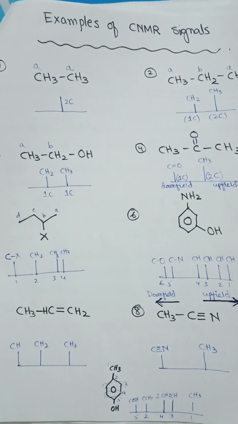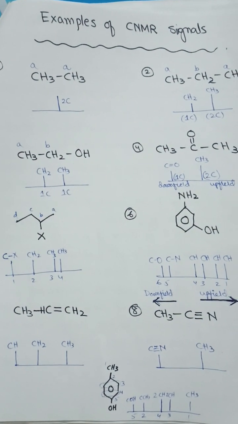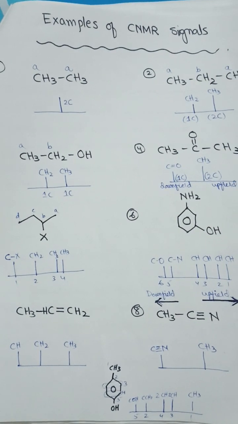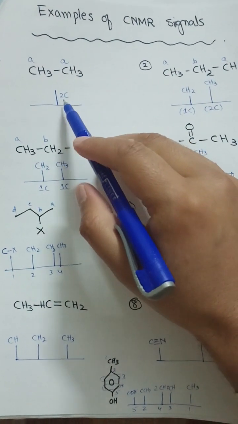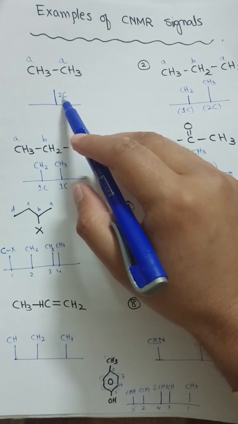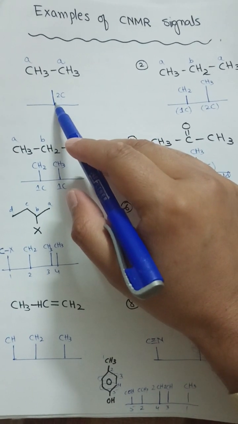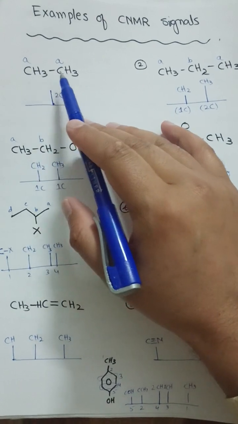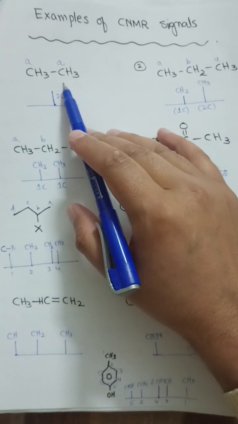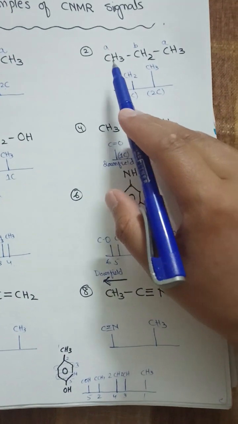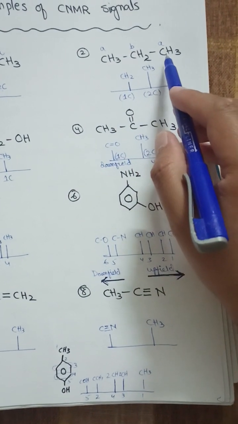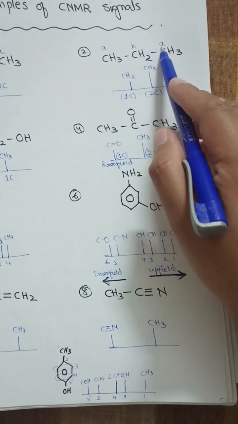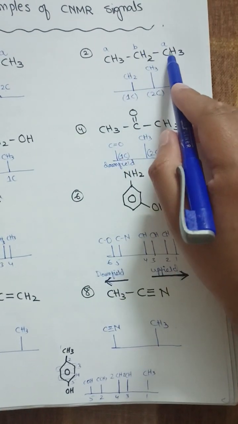So these are equivalent carbons, and we will get only one single peak for the two carbon atoms. The intensity is for two carbon atoms and the peak is only a single peak, which represents that both carbon atoms are the same or equivalent.